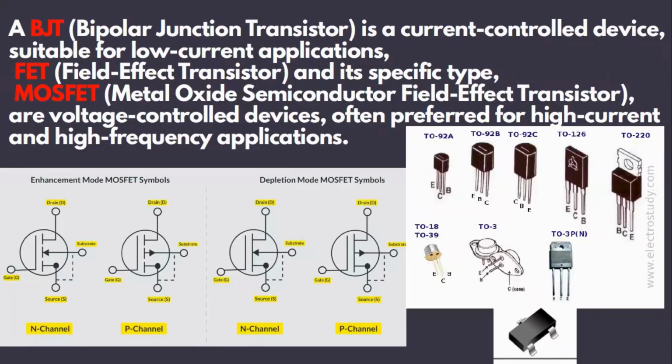Now, most transistors, or the old type of transistors, were all BJTs. BJT stands for bipolar junction transistor, a current-controlled device, suitable for low current applications. Please remember this.